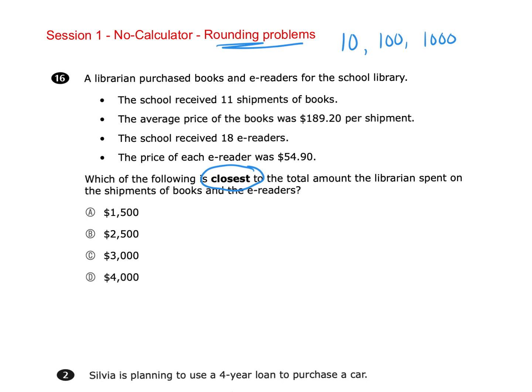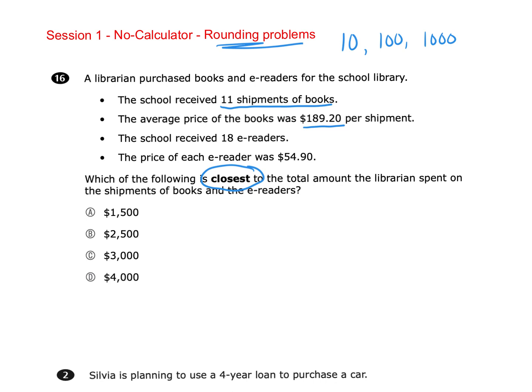If we look at this first problem here, we have a librarian who purchased books and e-readers for a school library. The school received 11 shipments of books, and the average price of the books was $189.20 for each shipment.